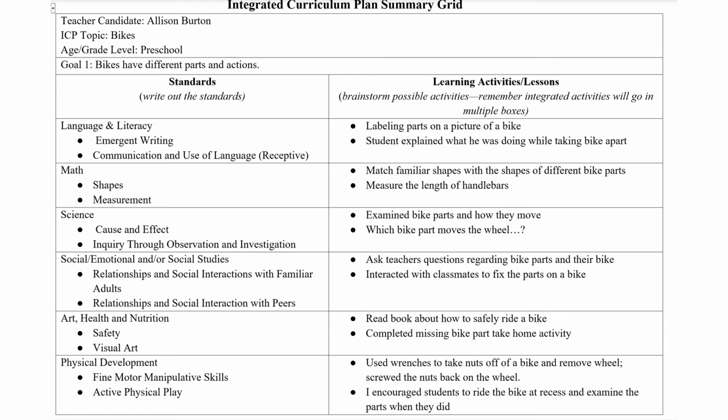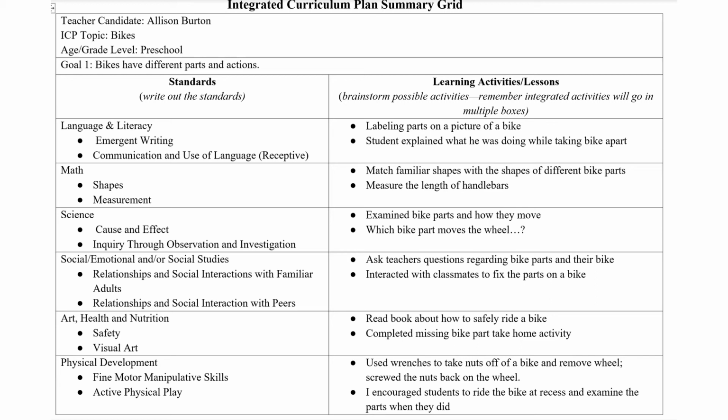So then on the right-hand side of your curriculum map, this is where you will list the activities that you've already done in the appropriate spot for that standard. Yes, that means you will at least write an activity twice because you have integrated standards. So for example, you could easily have examining parts and how they move about a bike, which is in her science column.